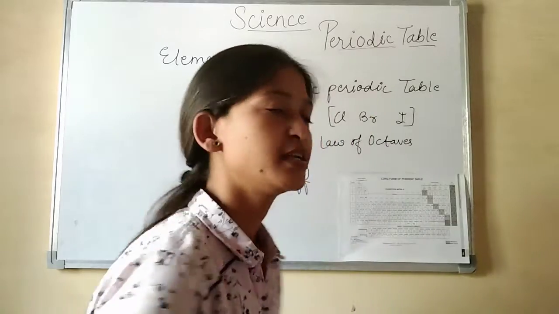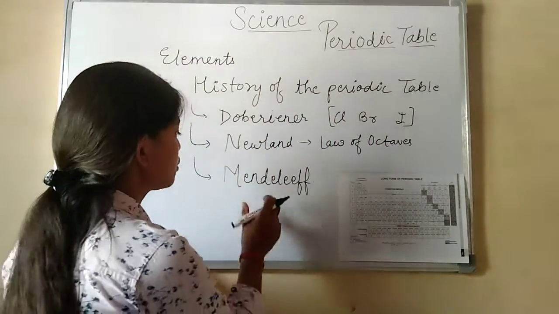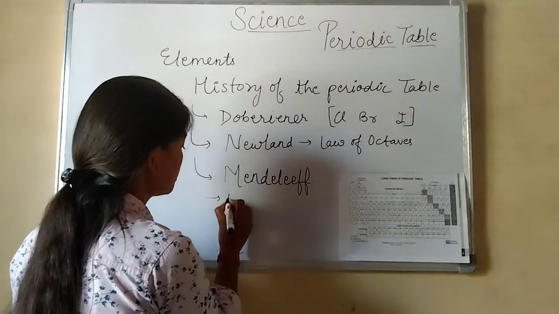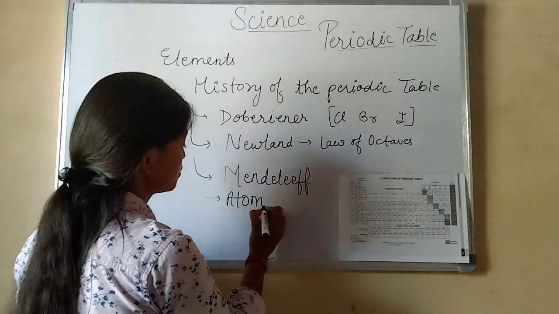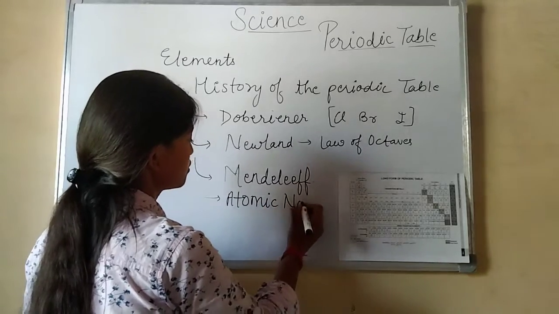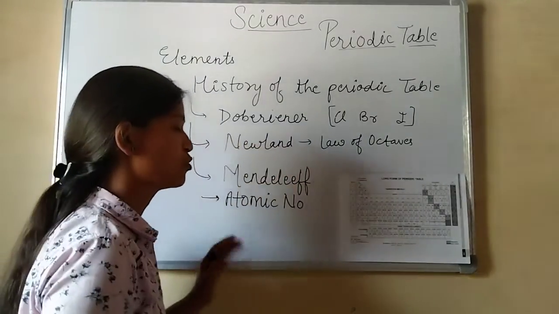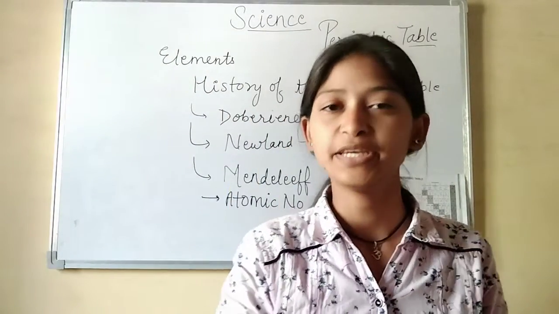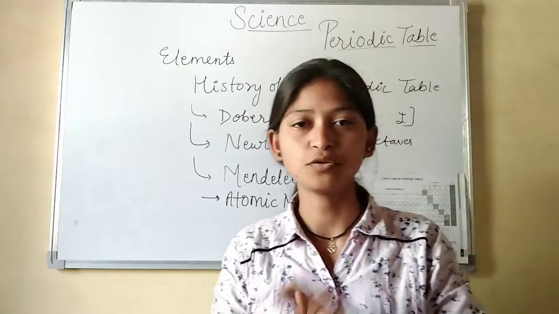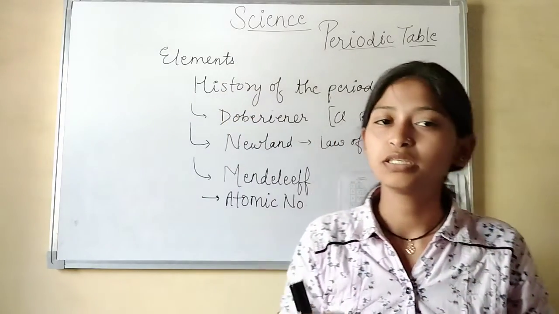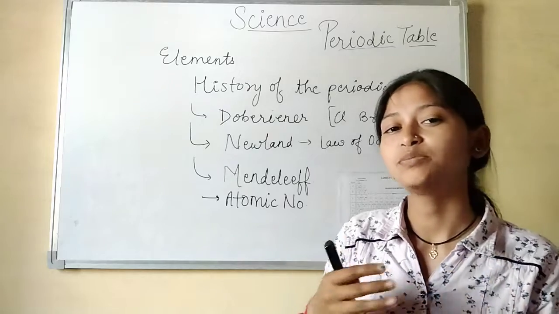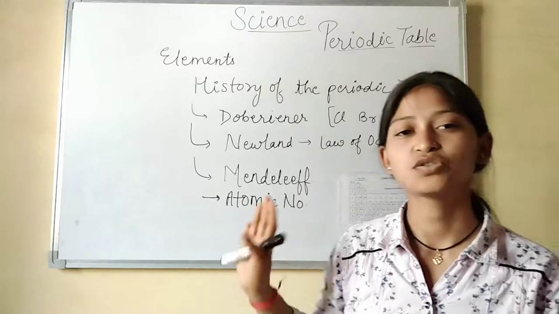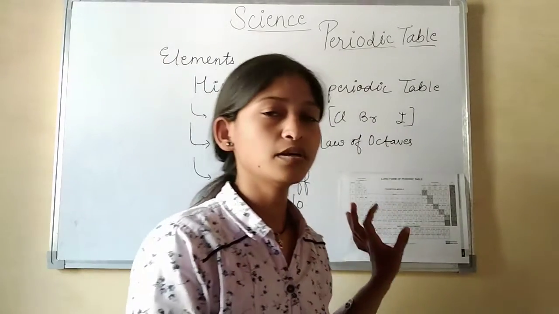The best part of Mendeleev's table was that he proposed his table on the basis of atomic number. He arranged the periodic table in a tabular form having 12 rows and 8 columns, and at that time 63 elements were present. He arranged the elements in increasing order of their atomic number.